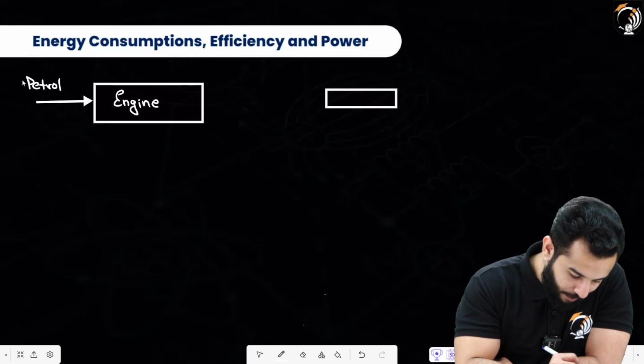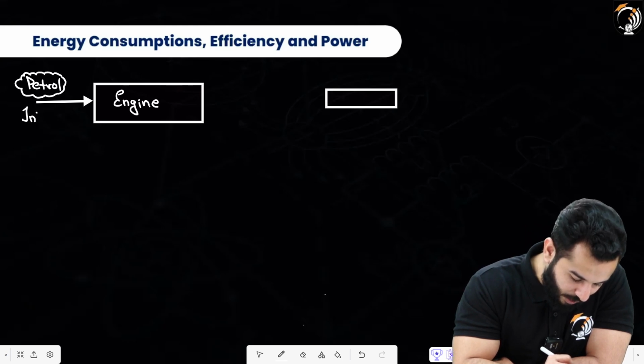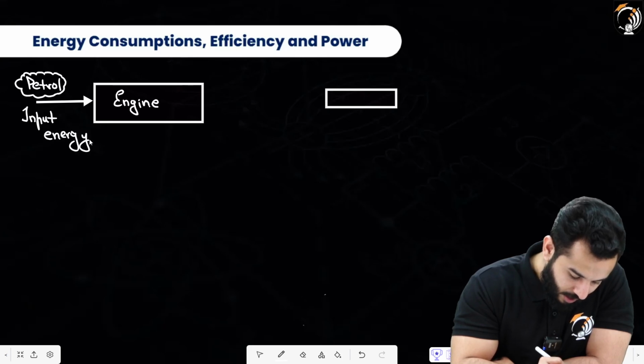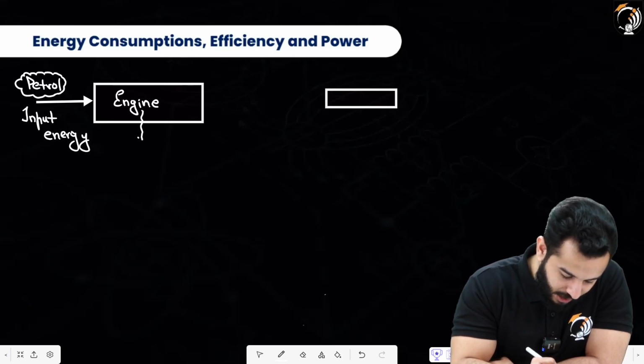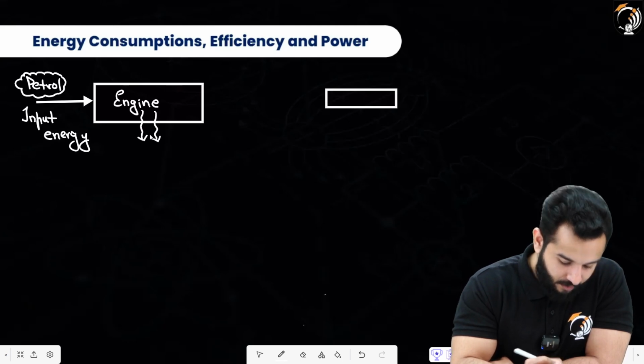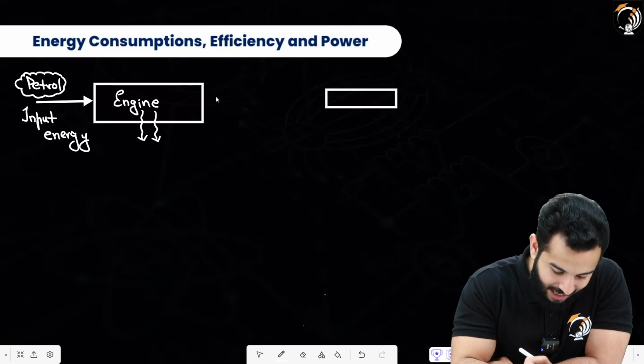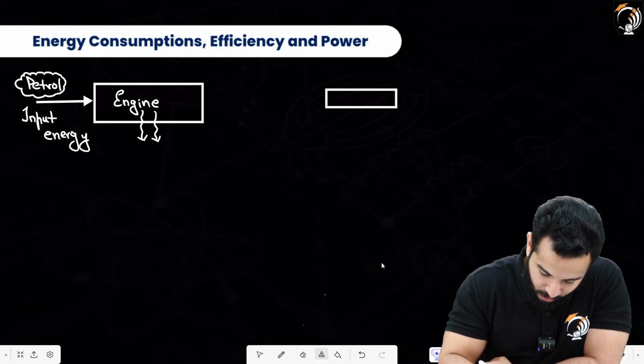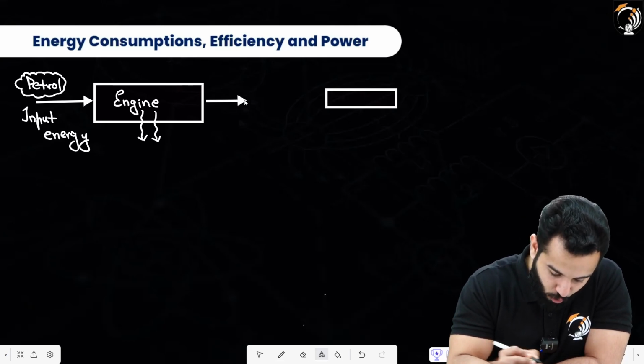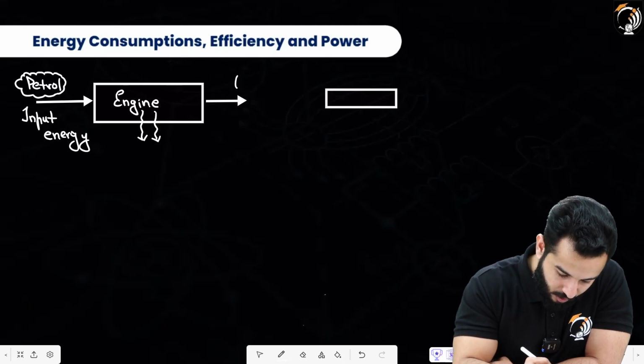Because of this petrol, we are giving some energy into it. This is what we call input energy. Then there will be some dissipated energies that we don't have control over, and after that we'll receive a useful output energy.